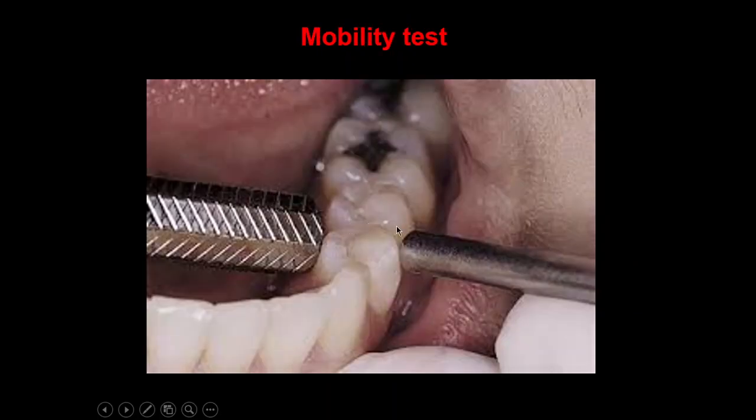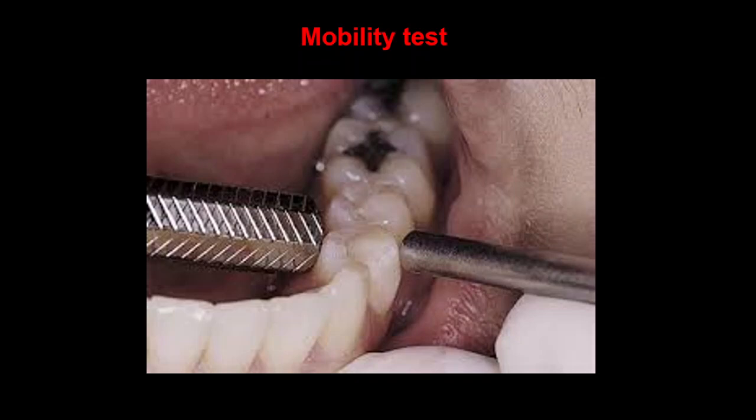The mobility test, we record the mobility. We record the mobility by 2 instruments, or the back of the 2 instruments, or 1 instrument and the index finger. We have 4 degrees of mobility. Number 1 is the normal mobility. Number 2 is a mobility less than 1 millimeter.